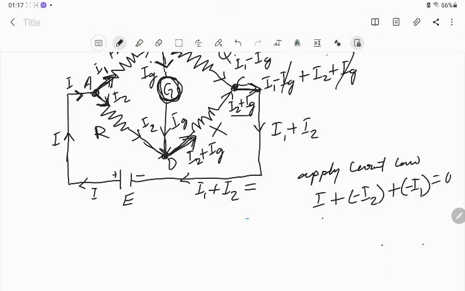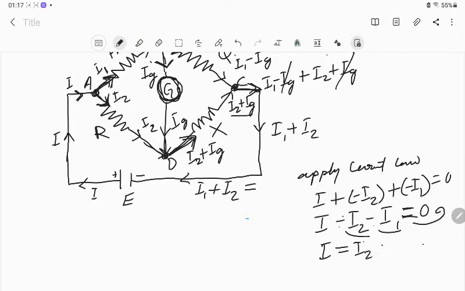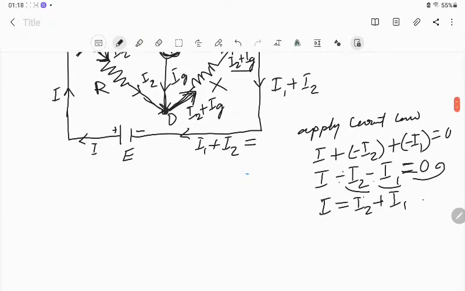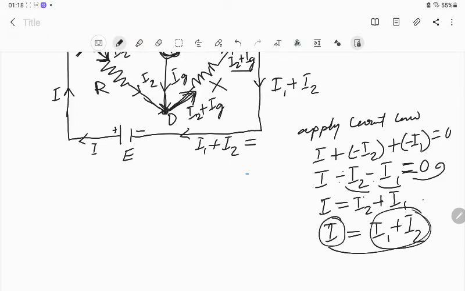This must be equal to 0. So I minus I2 minus I1 equal to 0. So I equal to how much? If you take this I2 and I1 to this side, this minus will change into plus, and this minus will change into plus. So I2 plus I1. So this I is equal to I1 plus I2. So I1 plus I2 is nothing but I.